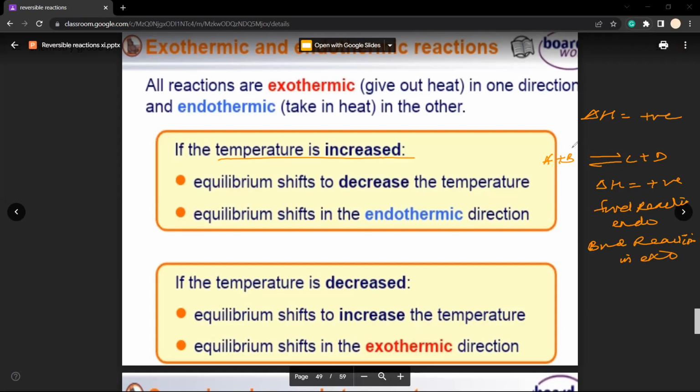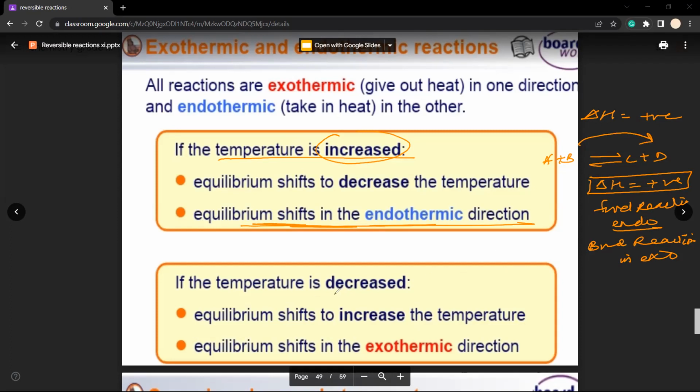So if I increase the temperature, the equilibrium will shift to the side which is endothermic. In this scenario, the forward reaction is endo because delta H value is positive. So if I increase the temperature, it's going to favor the forward direction.